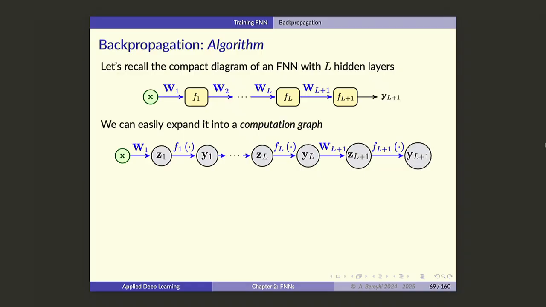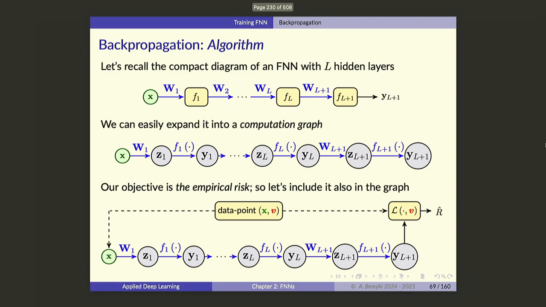Every single one of them is depending on the other, right? And what you want to do at the very end, you want to just compute the loss, right? So you are going to get the output here, and then you give this output to your loss function along with the true label, right? You compute the loss r hat. And the thing is that you want to compute the gradient of r hat with respect to what?